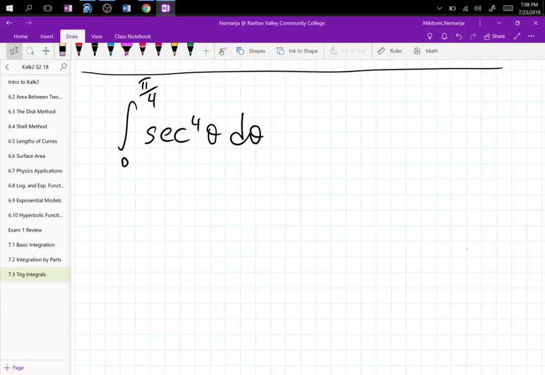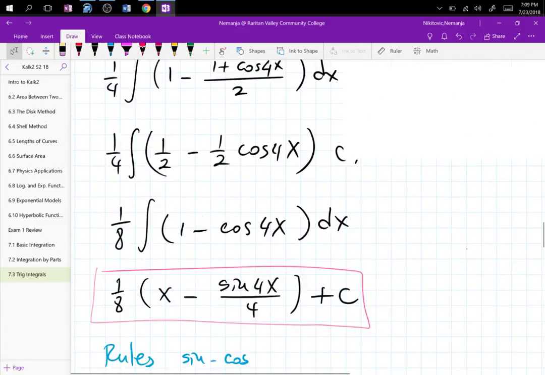Before we start, it's good to say this now: the cosecant cotangent pair works the same way, because the formulas are symmetric. They're just negative.